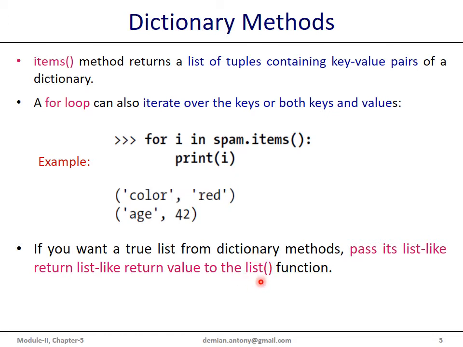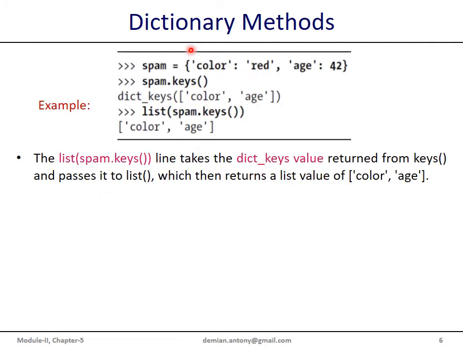Remember, we need to pass these methods like keys, values and items, which return a list like structure, to the list function, and this will generate a true list for further processing. Let us take up the example to illustrate the use of the list function in association with the dictionary methods.